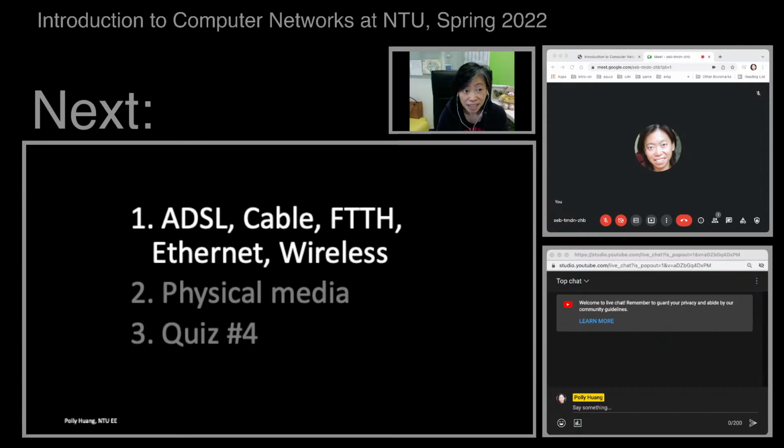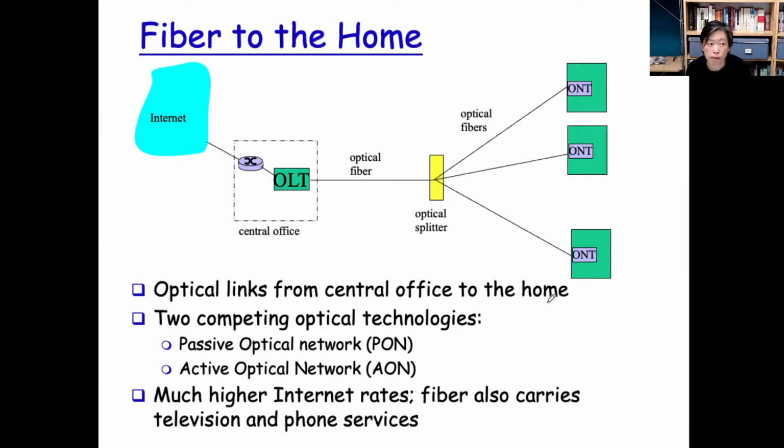Next one, FTTH. This one is expensive, and you'll see now why it's expensive. Fiber to the home. This is the third access network technology. Unlike the previous two, where we exploit certain existing infrastructure, telephone network or cable TV network, this one builds its own network. And because the cables are all optic fibers, it's called an optic network.